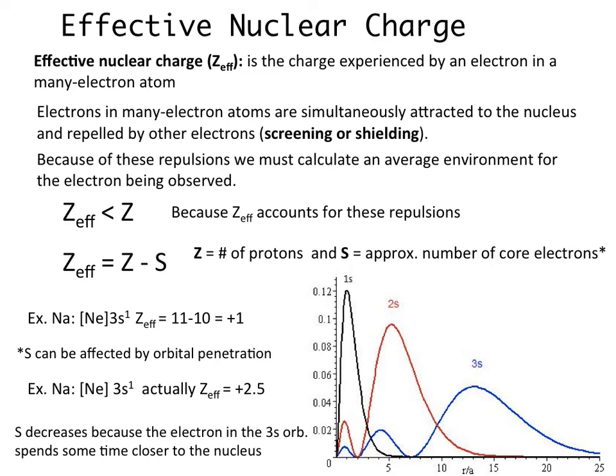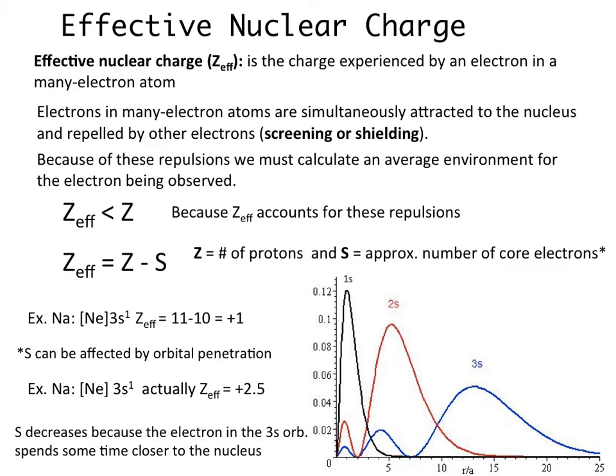And the process of those repulsions is known as screening or shielding. Now, these repulsions would be very, very difficult to calculate in terms of individual effect because each electron is positioned in a different location throughout the atom.